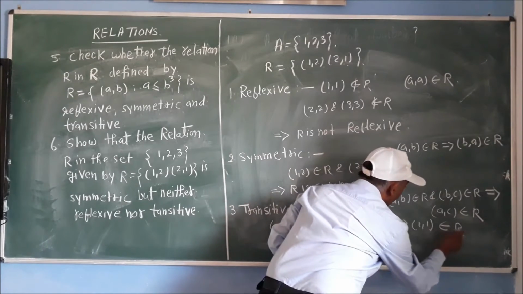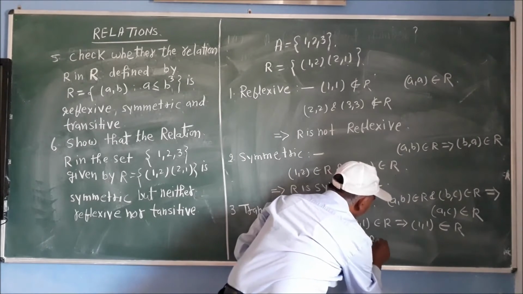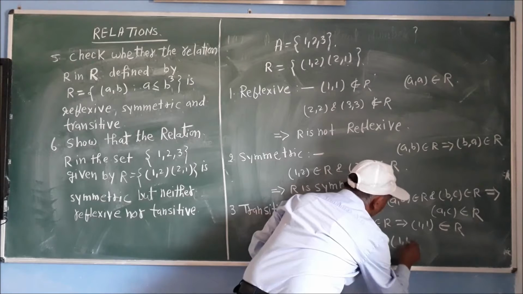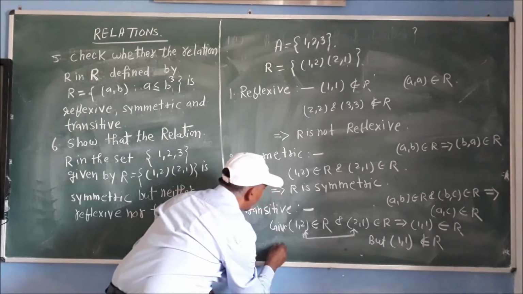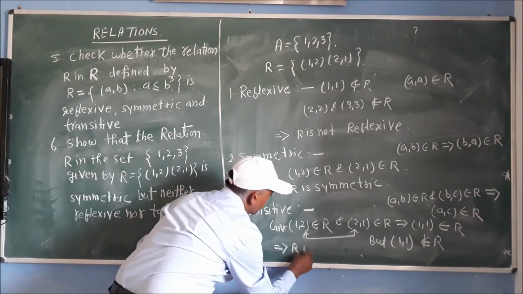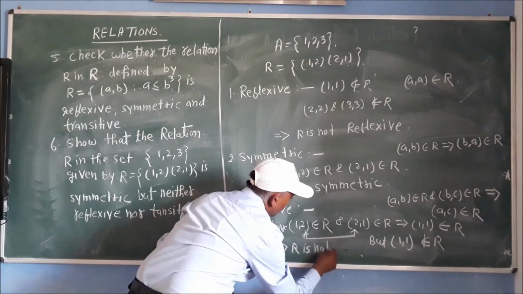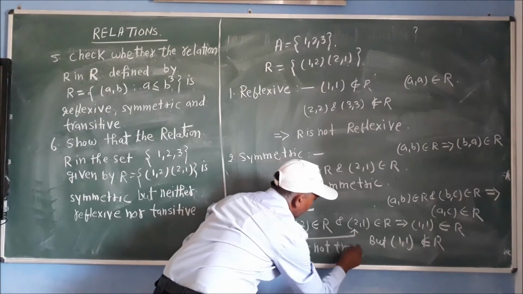So this implies (1,1) should belong to R, but (1,1) does not belong to R. This implies R is not transitive.